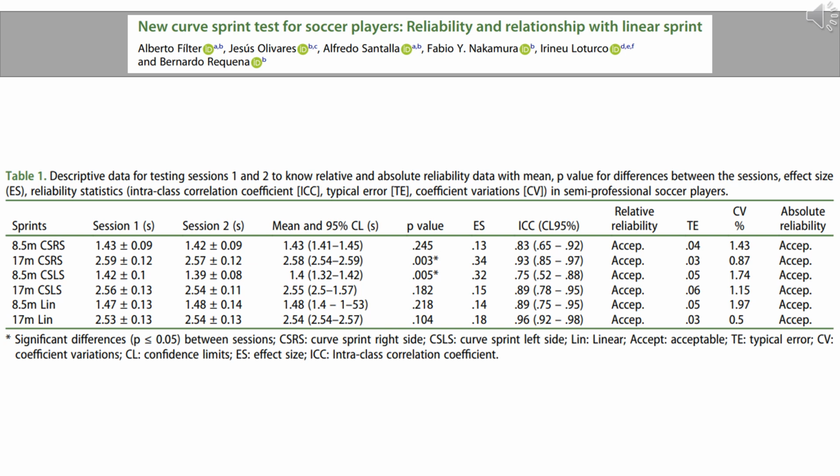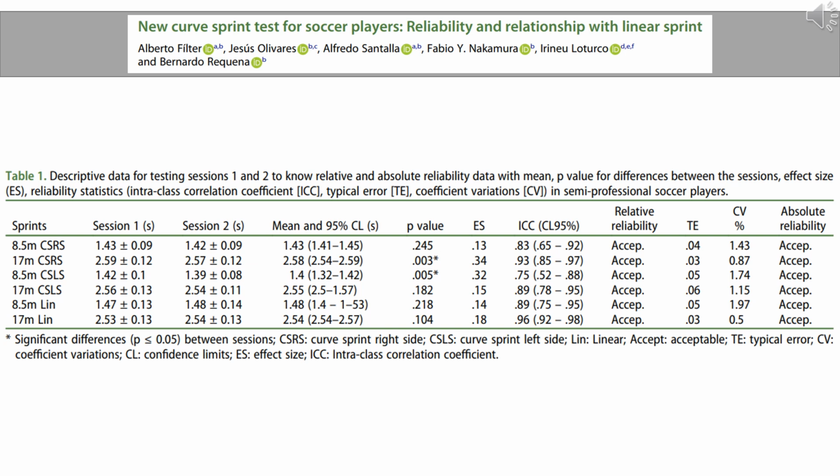So if we look across to our ICC and our CV scores, we can see that for our linear sprints, we've got 0.89 to 0.96. So again, highly reliable with very, very low coefficient of variation, as we would expect. If we now take the first 4 rows of data, which correspond to our curve sprinting to the right and left sides respectively, we can see that our ICCs range from 0.75 to 0.93.